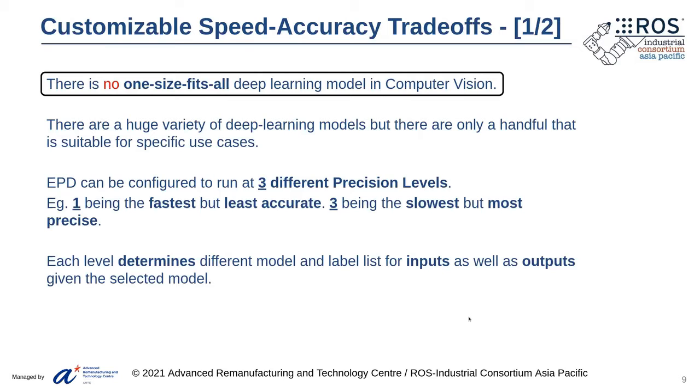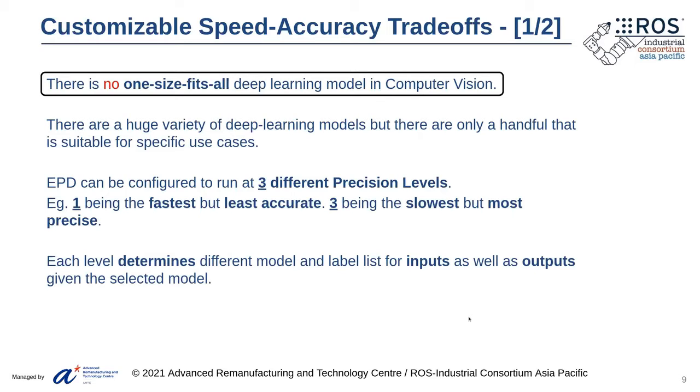And since there are so many, and it's supposed to suit so many different use cases, at least for EPD, this is what we try and do to cover as many use cases as possible. We offer 3 different precision levels, and it's often a trade-off between speed and accuracy. On the one hand, you have models that are extremely fast, but not as accurate as you want.